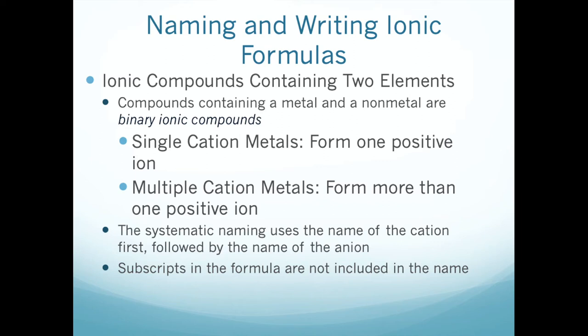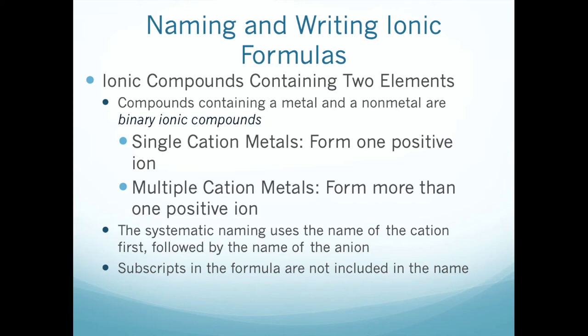It gets a little bit more complicated when we deal with transition metals. Transition metals, with the exception of zinc and silver, basically have the ability to form more than one type of cation. And that's really just a neat property of transition metals and yields a whole bunch of interesting chemistry that you can do with them as a result. But it makes things a little bit confusing when it comes to naming them.